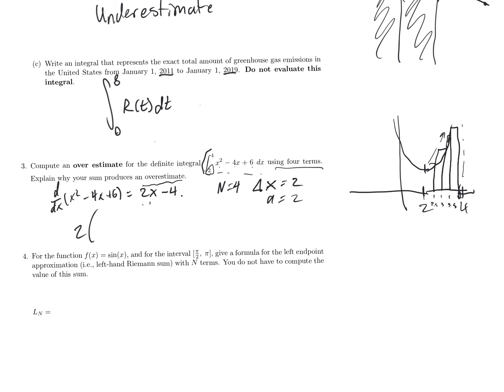So I plug in 2.5 into this function. 2.5 squared minus 4 times 2.5 plus 6. Okay, that's my first term. That's my first rectangle.